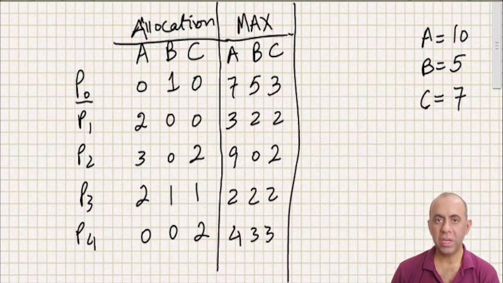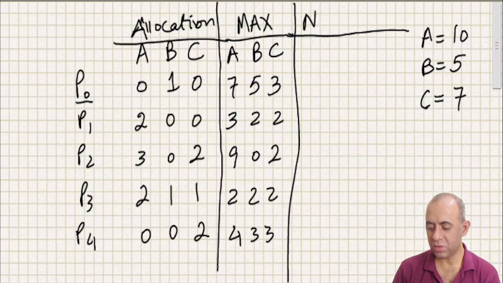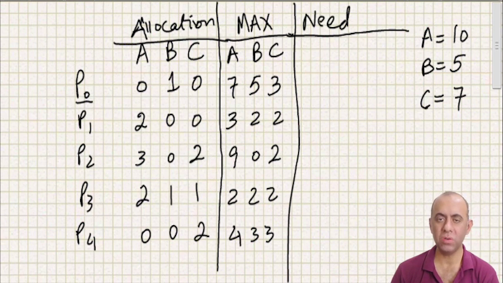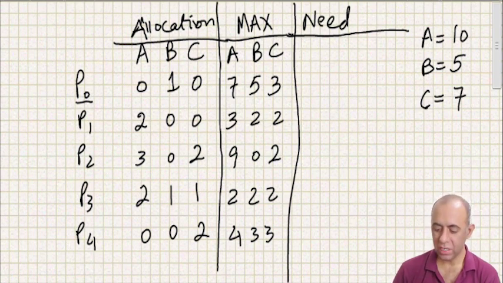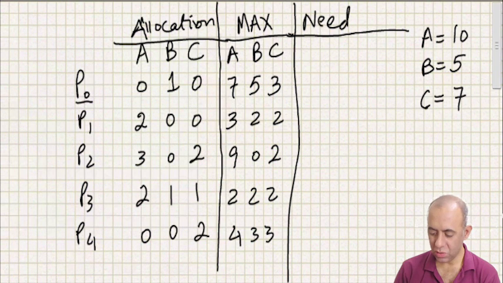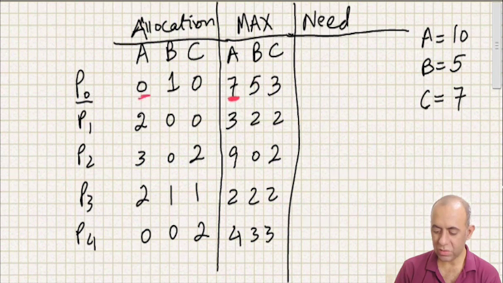Based on these 2 matrices, we construct a matrix of our own which is called the need matrix. The need matrix will have, for each process and resource, a number which is the difference of the maximum and the allocation. For example, process P0 has a maximum requirement of 7 for resource type A, while currently it is allocated 0.